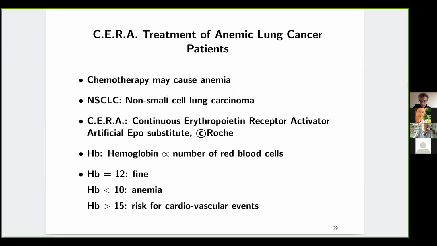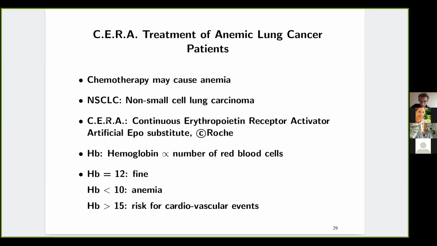So now coming to the treatment of the patients. There is a substance that's called CERA. It's a drug from Roche. CERA stands for continuous erythropoietin receptor activation, and this is one of these ESAs. We look in the following at a certain type of cancer. The story behind this is that Roche has approved this drug for the treatment of anemia in case of chronic kidney disease.